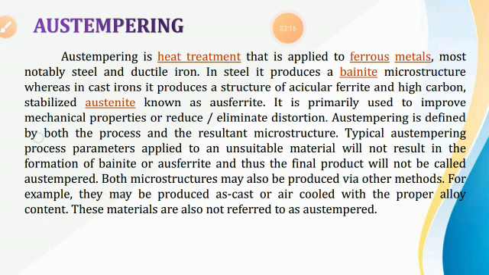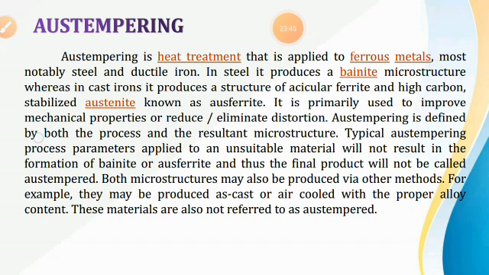It is primarily used to improve mechanical properties or reduce and eliminate distortion. Austempering is defined by both the process and the resultant microstructure. Typically, austempering process parameters applied to an unsuitable material will not result in the formation of bainite or ausferrite, and thus the final product will not be called austempered.